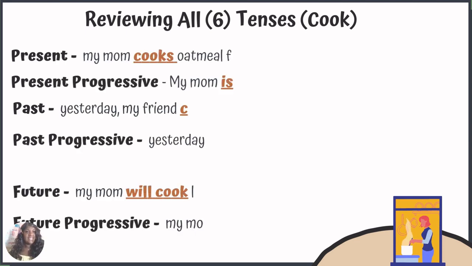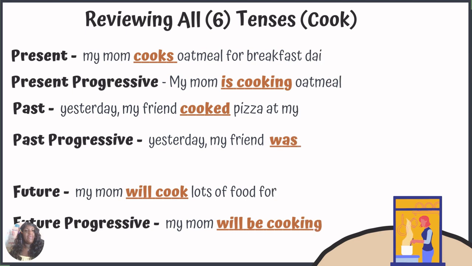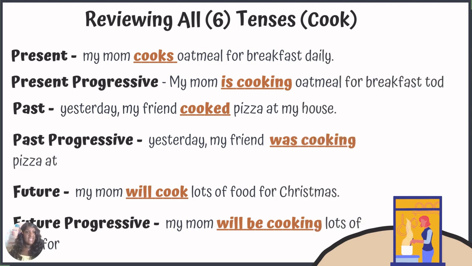Reviewing all 6 tenses for the verb cook. The present tense, my mom cooks oatmeal for breakfast today. Present progressive, my mom is cooking oatmeal for breakfast today. Past, yesterday, my friend cooked pizza at my house.